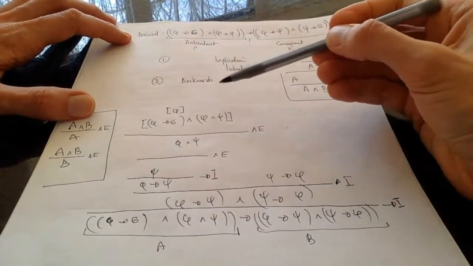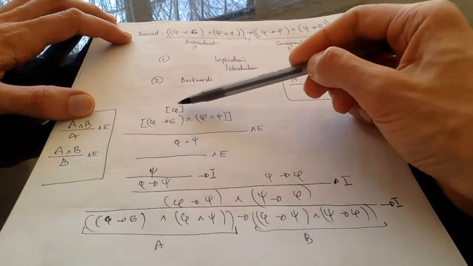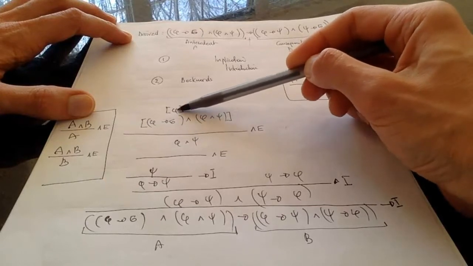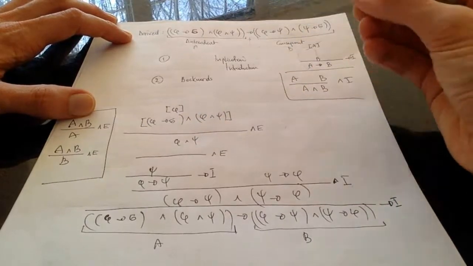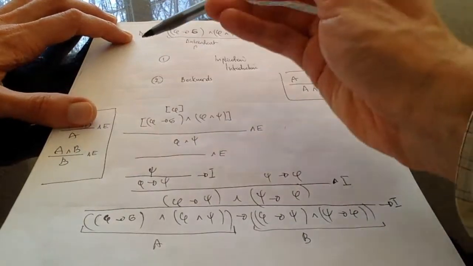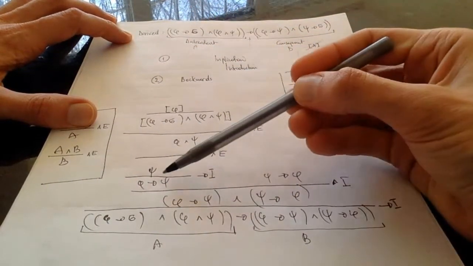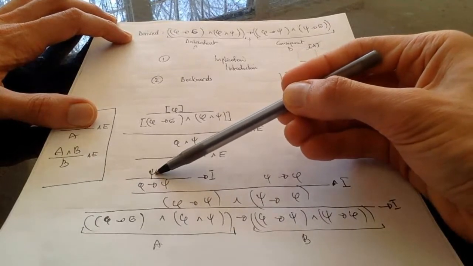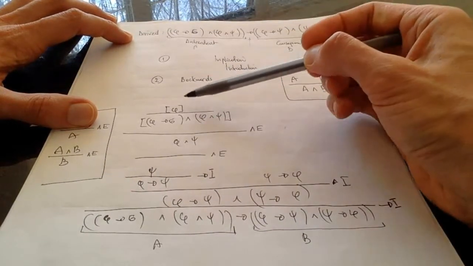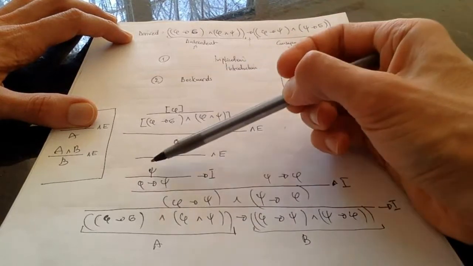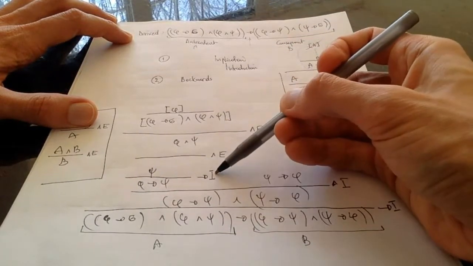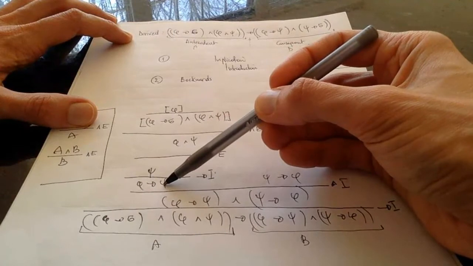Okay, now let's think about our phi here, which was an assumption. What happened? We assumed phi, then we went through all these steps and somehow we got psi. So we assume phi, we got psi, now we can use the implication introduction to derive phi implies psi.